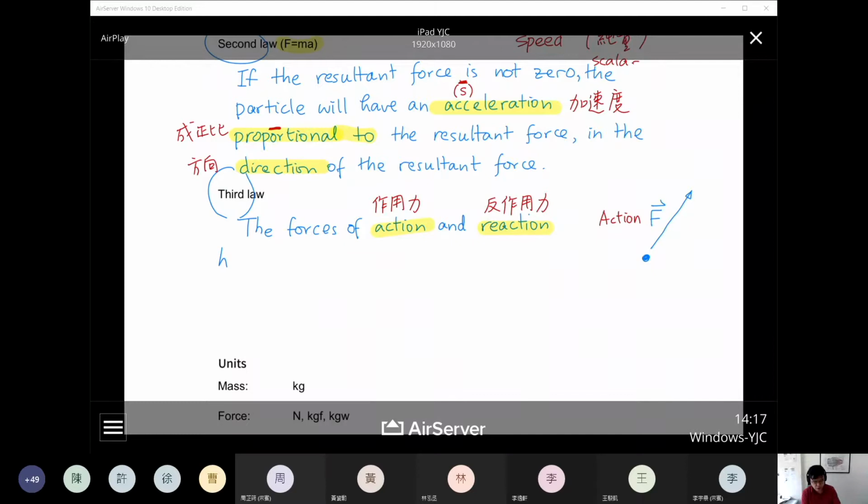The reaction will be R. Right? So it is reaction. So what do we know about the reaction? Anybody having any idea, please type it in the discussion box.